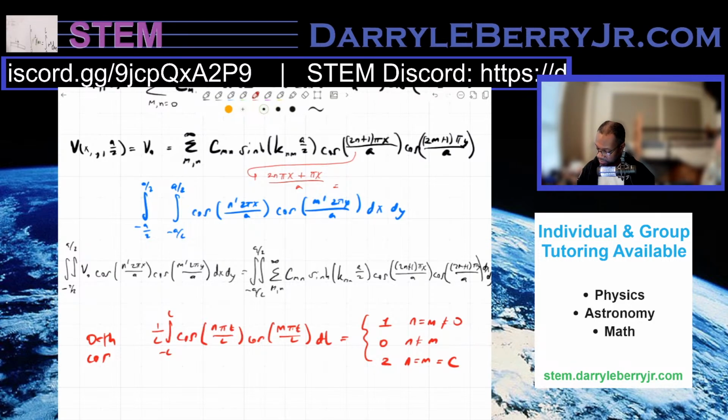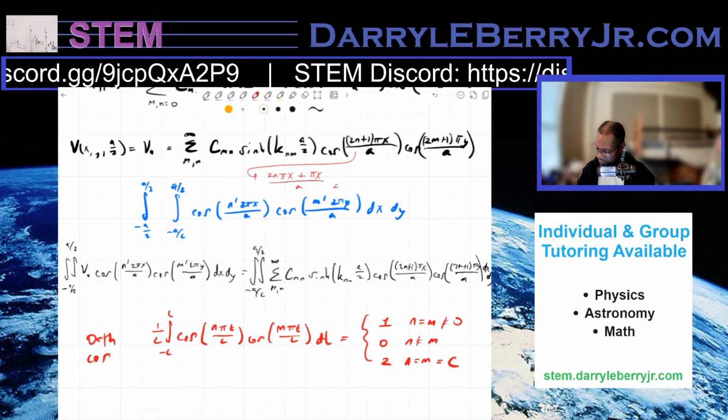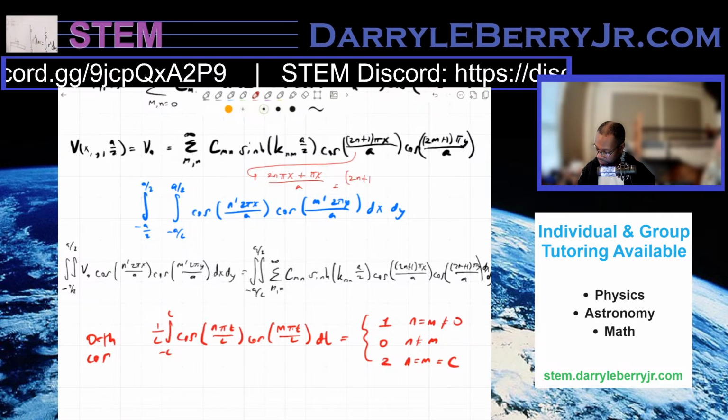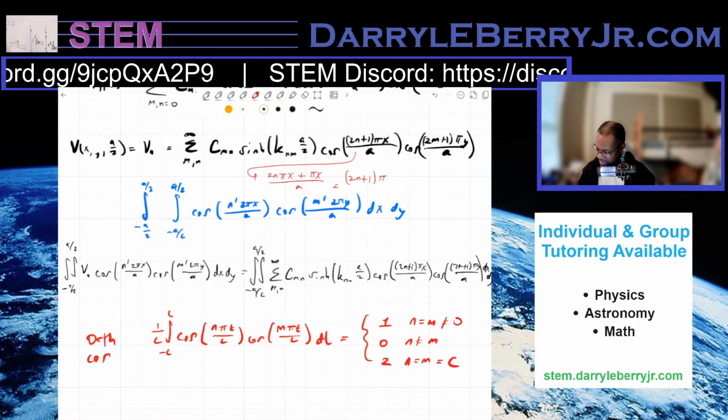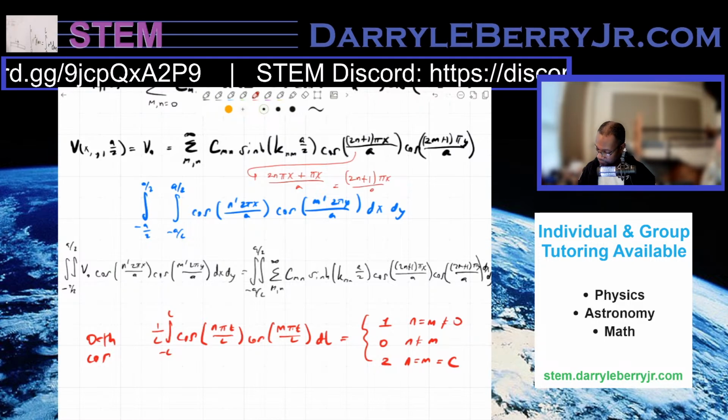So we can say this is 2n plus 1 pi x over a.